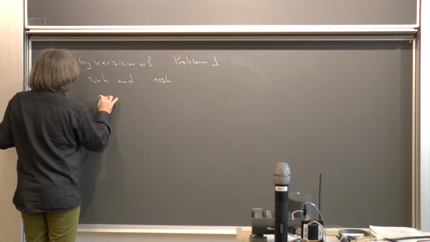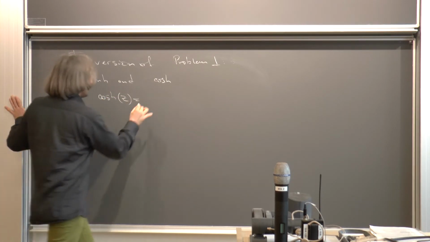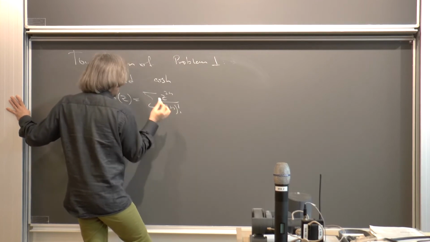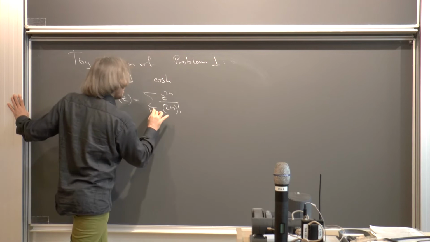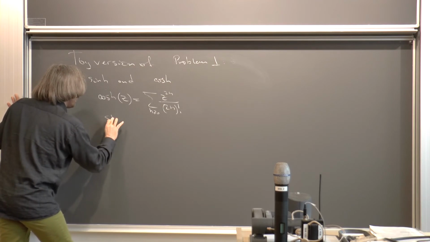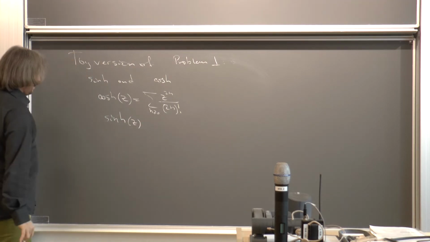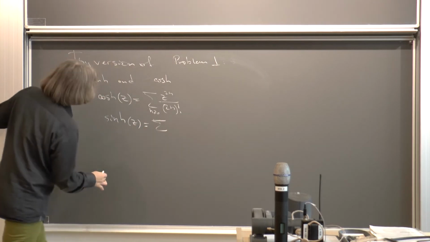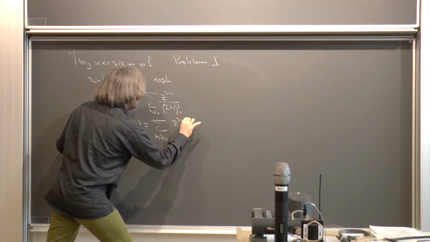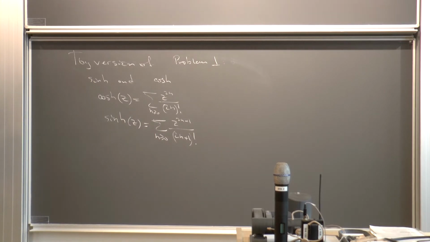So hyperbolic cosine of z is the sum of z to 2n over 2n factorial, n greater or equal to 0, and hyperbolic sine is the sum, n greater or equal to 0, of z to 2n plus 1 over 2n plus 1 factorial.